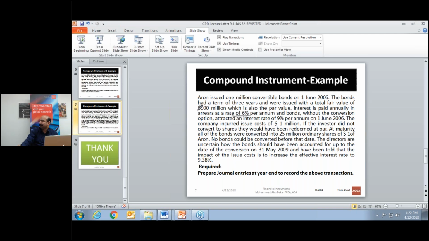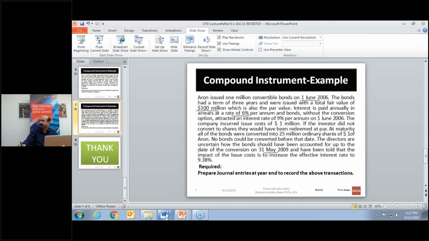And this is the face value, par value of the convertible. It was issued on 1st June, for 3 years. 3 years means 2007, 2008, 2009.